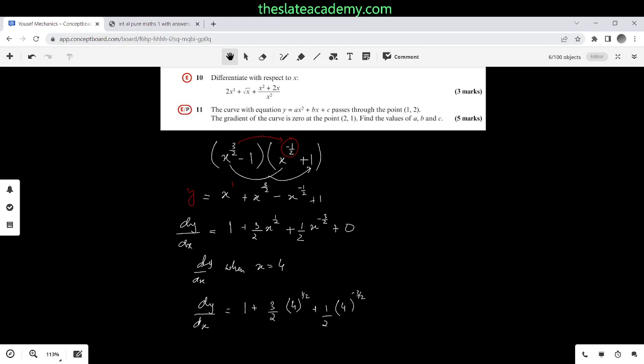So that's it. And what do I get as answer for this? This would be 1 plus 3 over 2 into 2, root of 4 will be 2, plus 1 over 2 into root of 4 cubed.